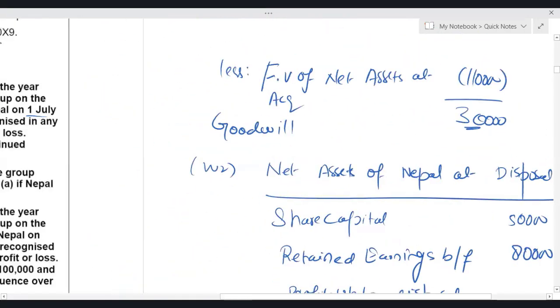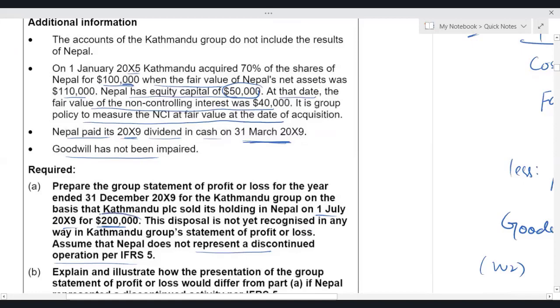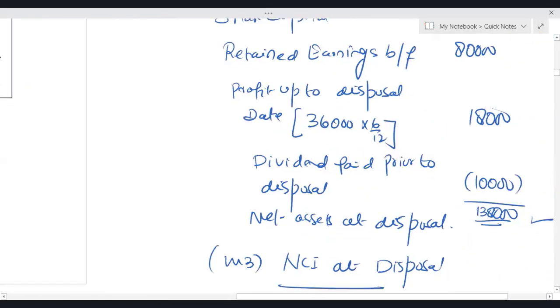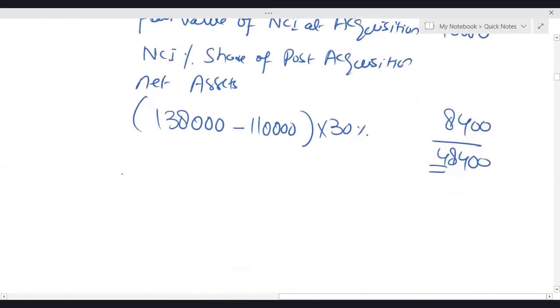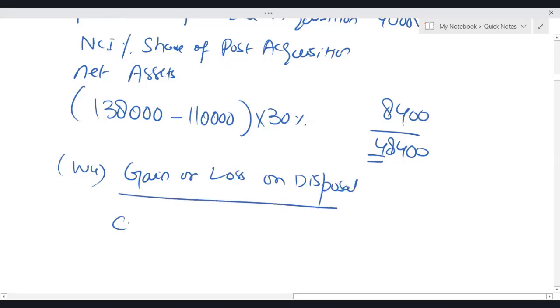Now we can calculate gain or loss on disposal. Parent has sold the entire holding for 200,000. So let's calculate. Gain or loss on disposal: simply consideration received or sale proceeds, whatever you say.